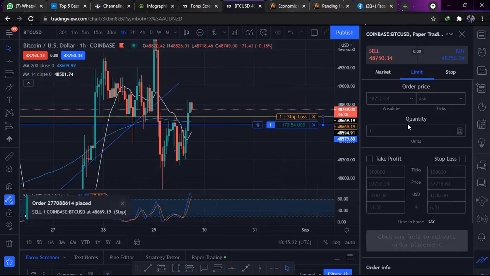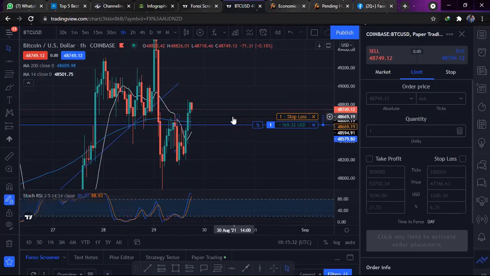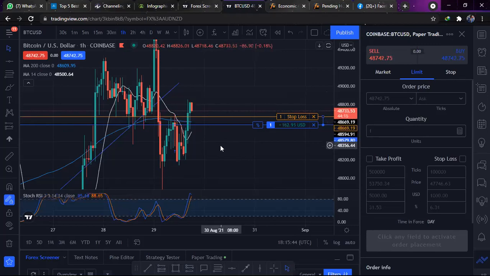Modify. So you see, instead of our stop loss being down here, this is a buy trade, our stop loss is above our entry. That is securing our profit. So even if this trade reverses to hit this, you won't be in loss, you'll be in profit. The trade won't close in loss, it will close in profit.